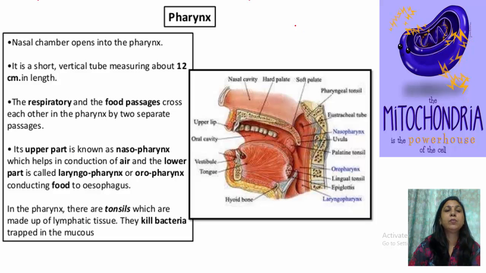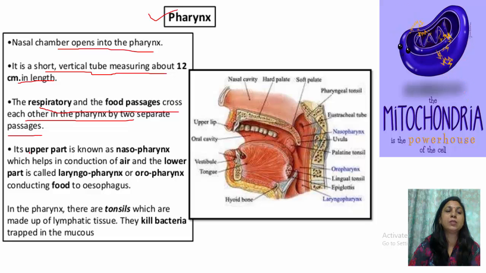Now after the nasal chamber comes the pharynx. The nasal chamber opens into the pharynx. It is a short vertical tube measuring about 12 centimeters in length. The respiratory and the food passages cross each other in the pharynx by two separate passages.